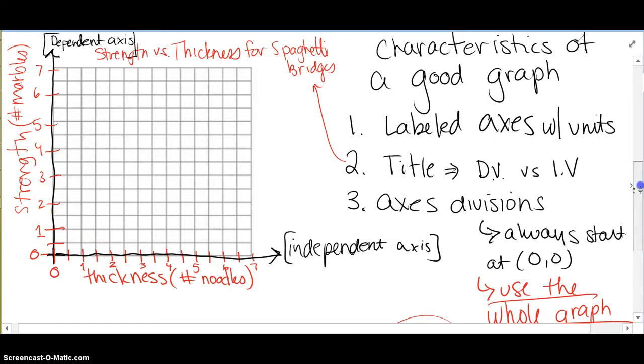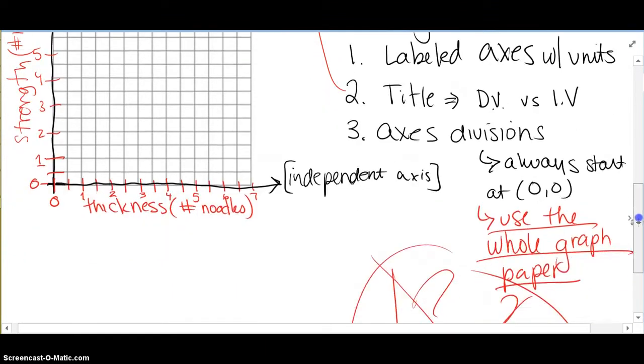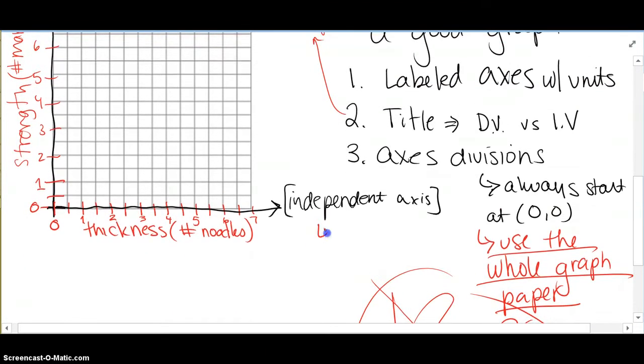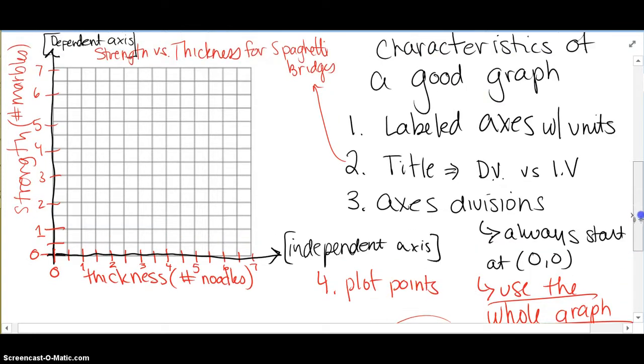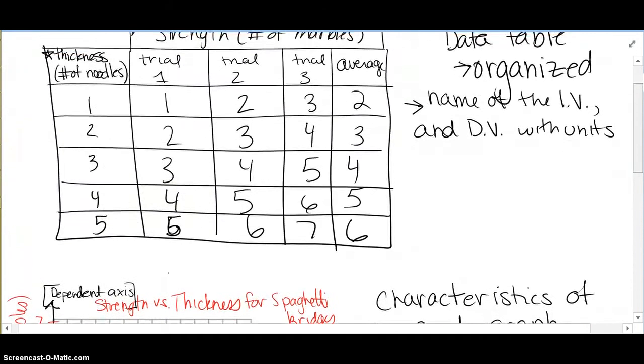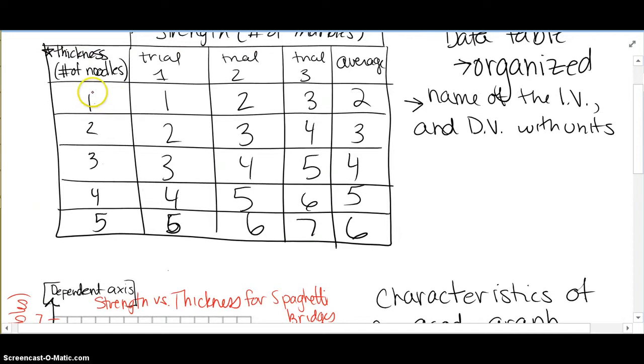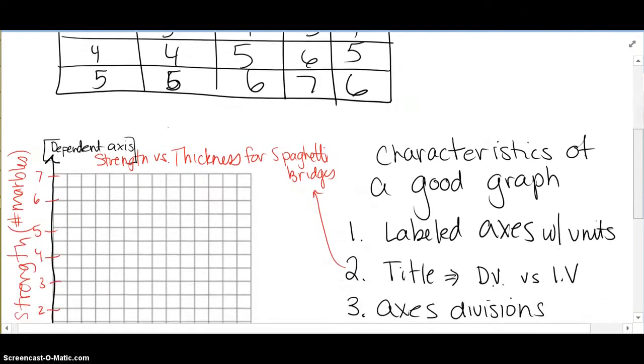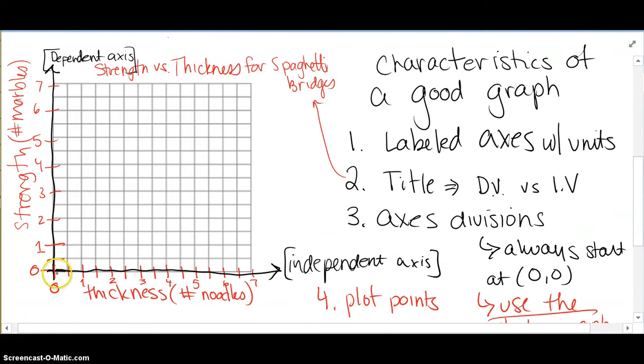All right, so once you've got that, you're going to start with part number 4, which is plotting your points. So my first point, when I look up here, is 1, 2. This is my independent variable, dependent variable. So my first point is 1, 2. So I go over to 1 and up to 2, and I make a little tiny dot.